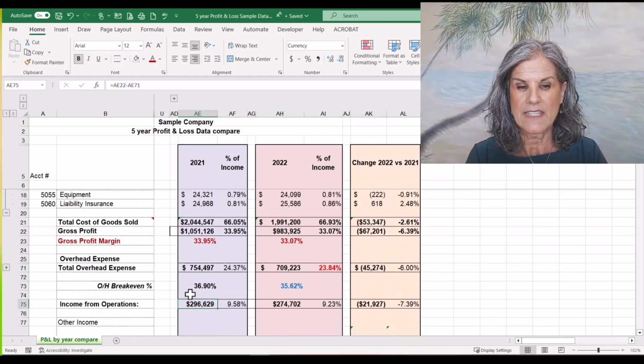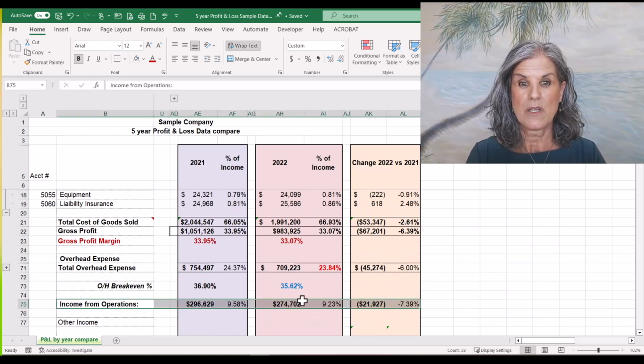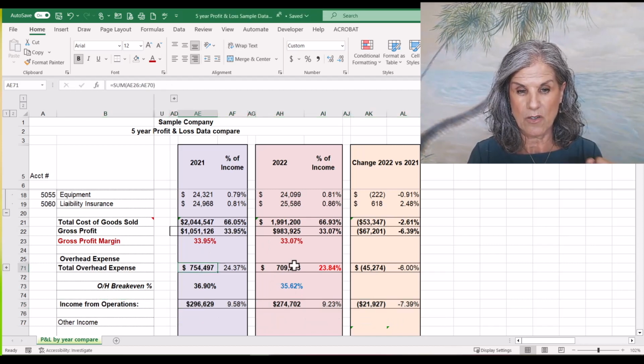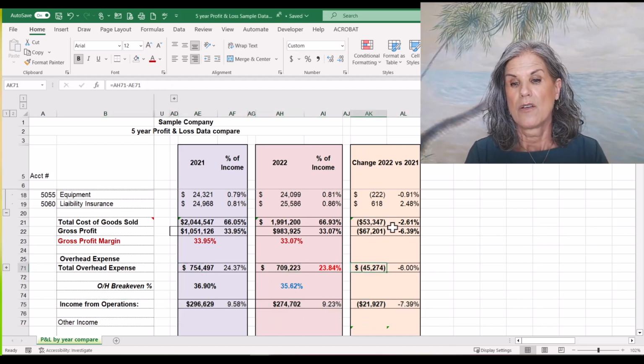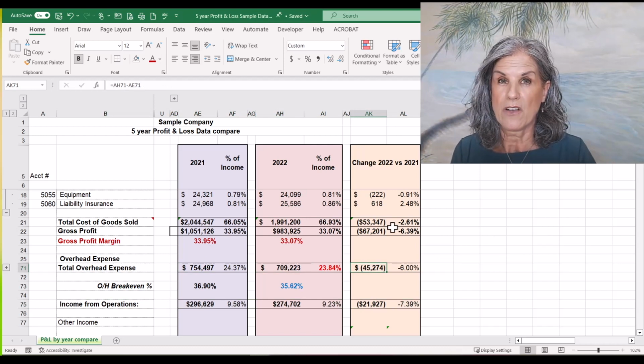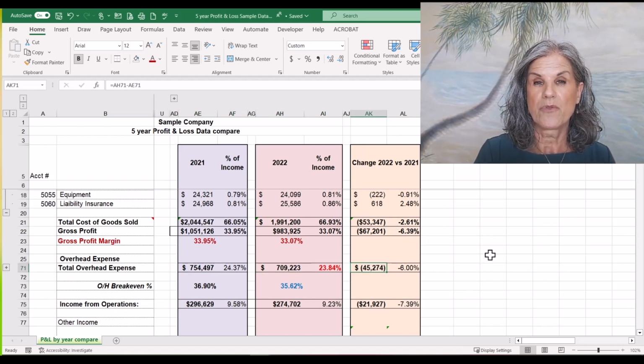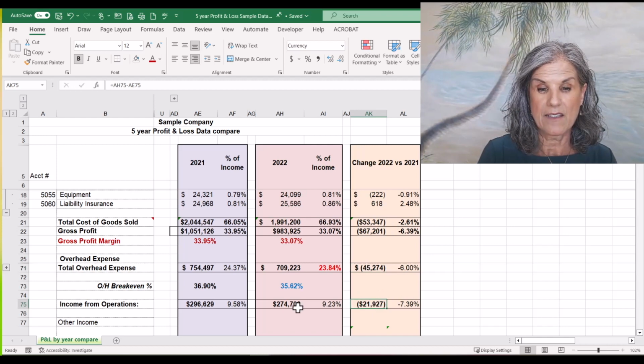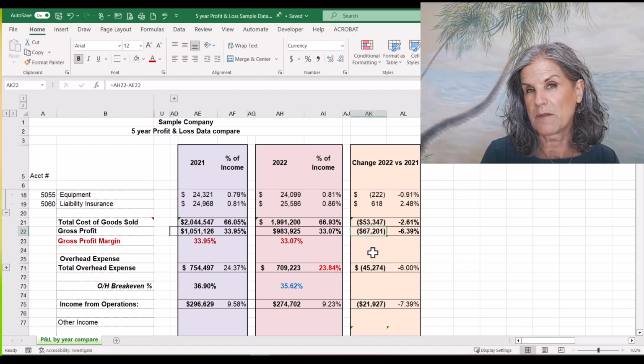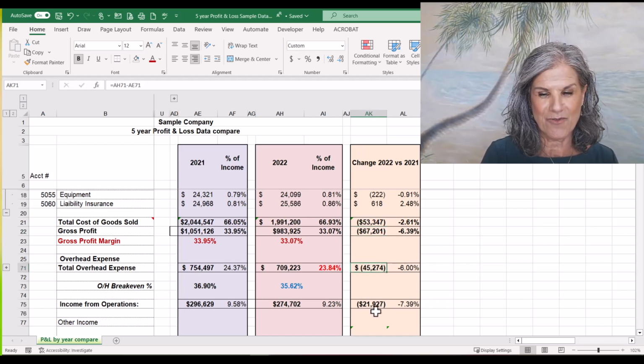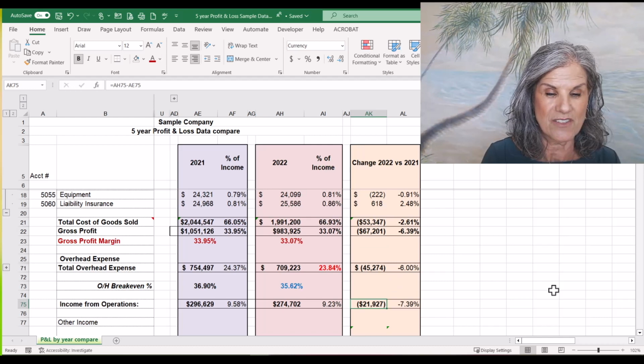Then I have net income from operations. So this is an important number to compare. Again, when I compare these numbers year over year, when I look at overhead costs, it looks like I reduced my costs this year compared to last year by $45,000, and my net income is down by $22,000. The difference between my gross profit being down 67, overhead expenses down 45, that's 22,000.